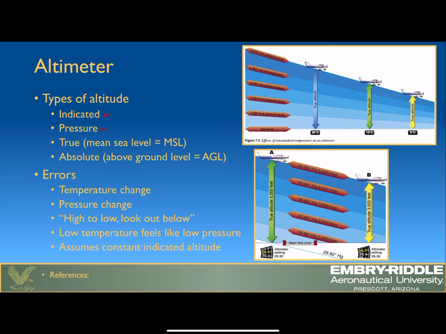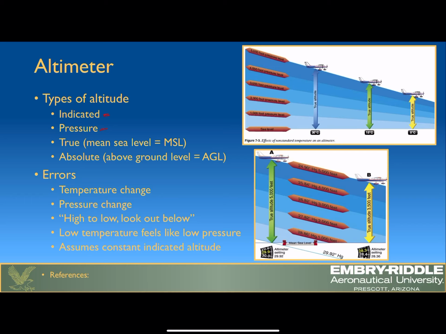Most likely it's not going to be correct, but that will read your pressure altitude. And then you hear over the radio the current altimeter setting. You set that altimeter setting, and it's going to read your field elevation. So whatever the difference is between your field elevation and your pressure altitude, that was the change in altitude from standard to non-standard pressure.